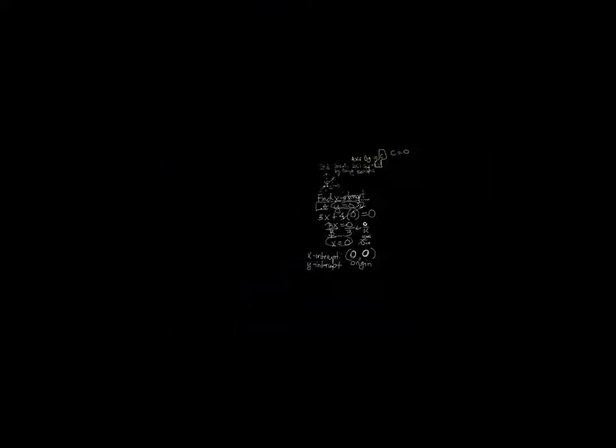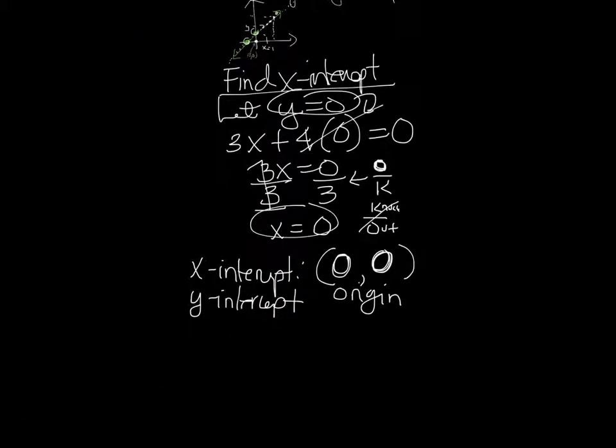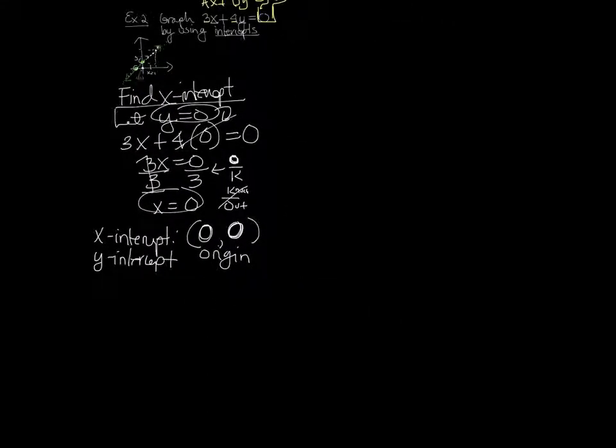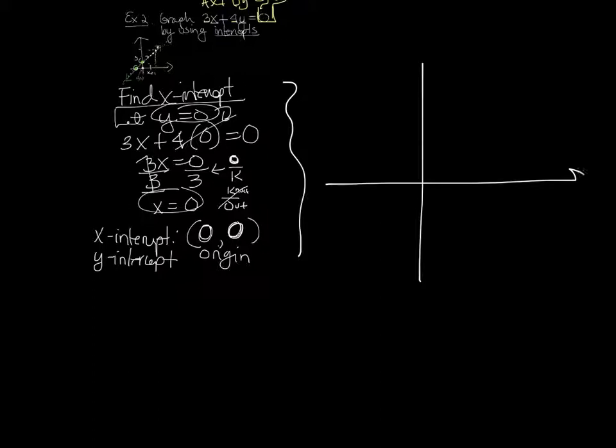Okay, so it's too small. So let's see, what do we have? We don't have to do this part because it's going to be the same. You're going to get 0, 0. So when this happens, I'm going to quickly sketch what we have. We have that point right there, 0, 0.